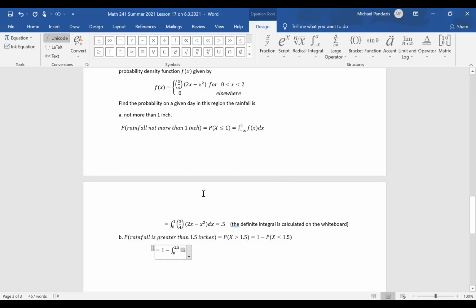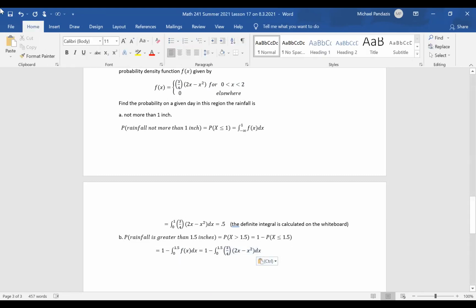We start at 0 and then we go to 1.5 of our PDF f of X. Okay, and so this is equal to 1 minus this integral. Instead of f of X, I'm going to put this, because that's what f of X is, between 0 and 1.5.